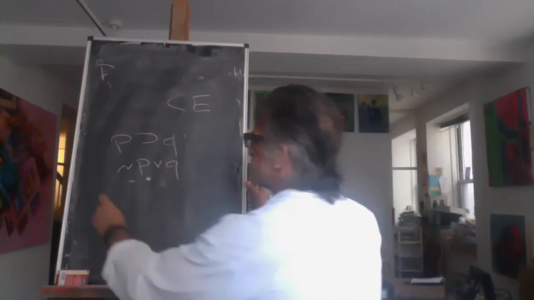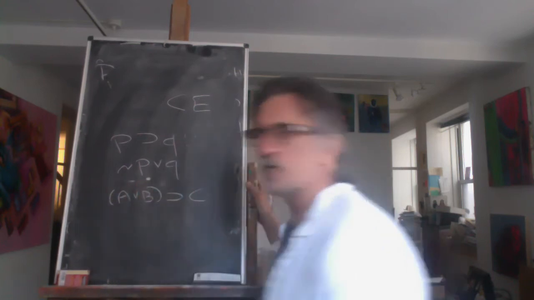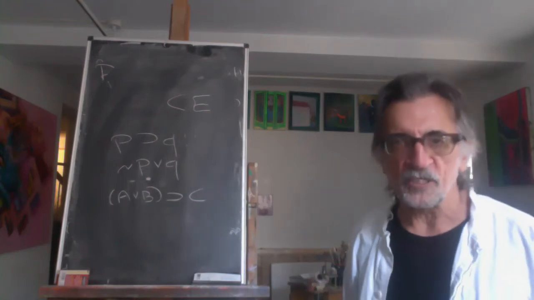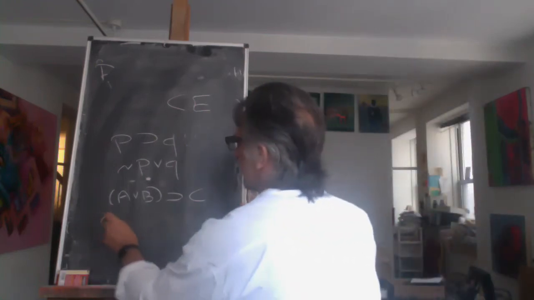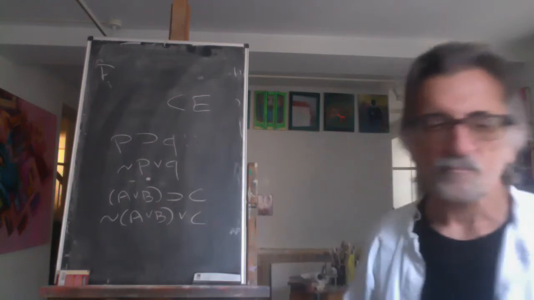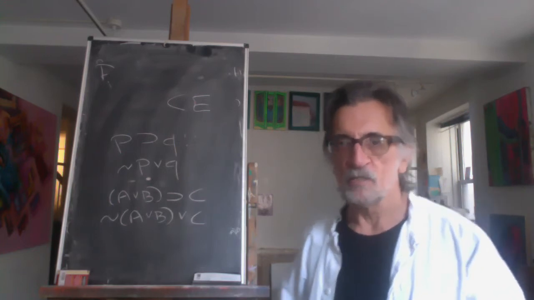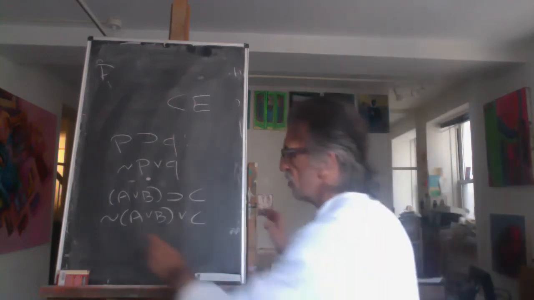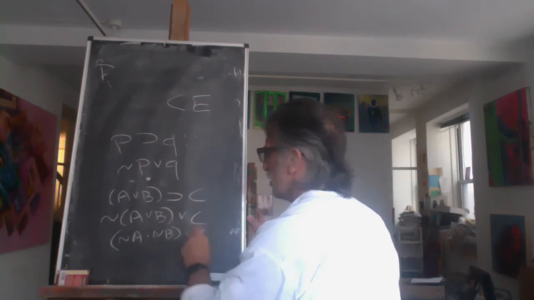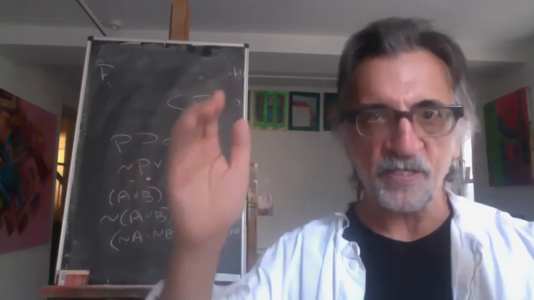So, for example, suppose we have the conditional statement, if A or B, then C. That becomes not (A or B) or C. And then, of course, you can use De Morgan's law and make it (not A and not B) or C.